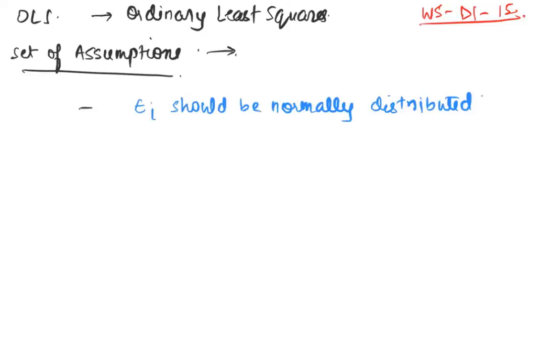The error term, you realize, is a distribution itself, because if you have 500 observations for x1 and x2 and 500 observations for y, then for every combination of x1 and x2 that yields a y, you will get an error. So you get 500 values for error as well. So that is in itself a distribution. Now that error distribution shouldn't necessarily be normal, but we do a lot of hypothesis tests.